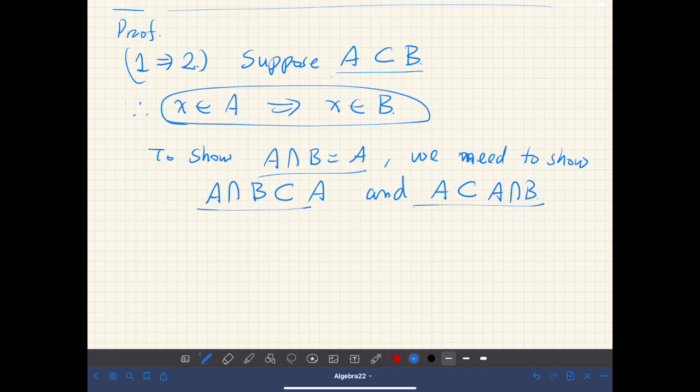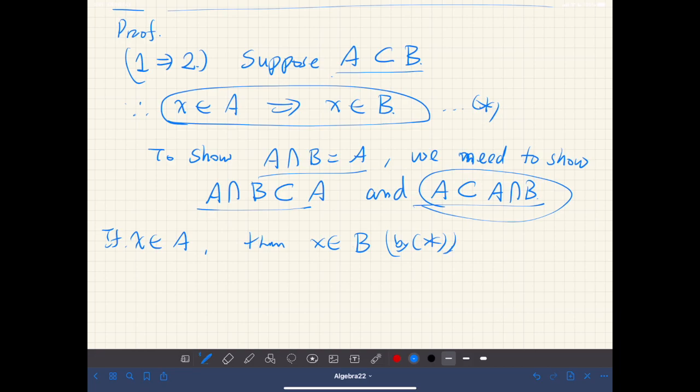Let's show this one first. If X is an element of A, then from this, X is an element of B by this.